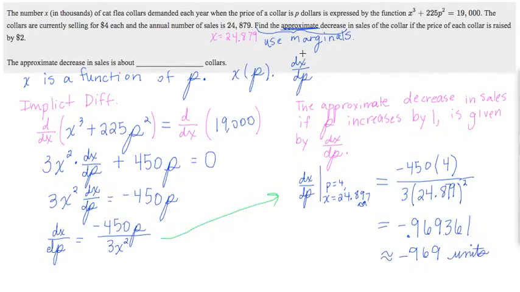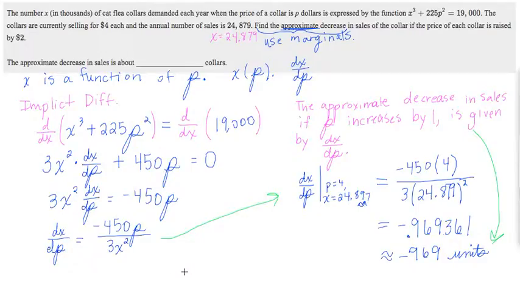Okay, but we're interested in what is the approximate decrease in sales if the price of the collar is raised by $2. Well, this is the approximate decrease in sales if p increases by 1. But we want to know what's the approximate decrease in sales if p goes up by 2. So we're going to double that.